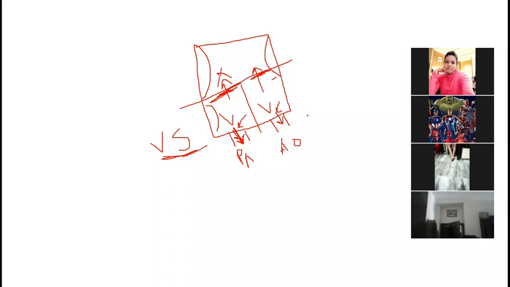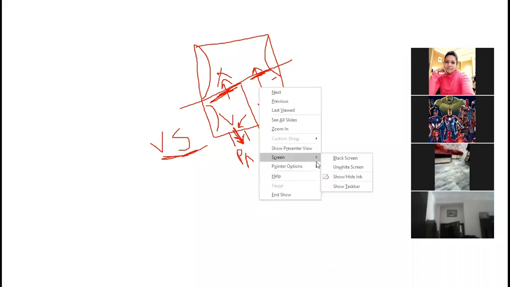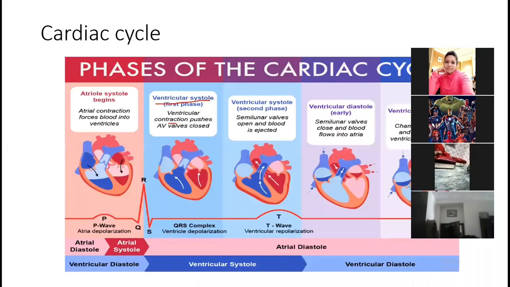Understood everyone? Clear? Okay. Now the next phase is the same phase, ventricular systole.